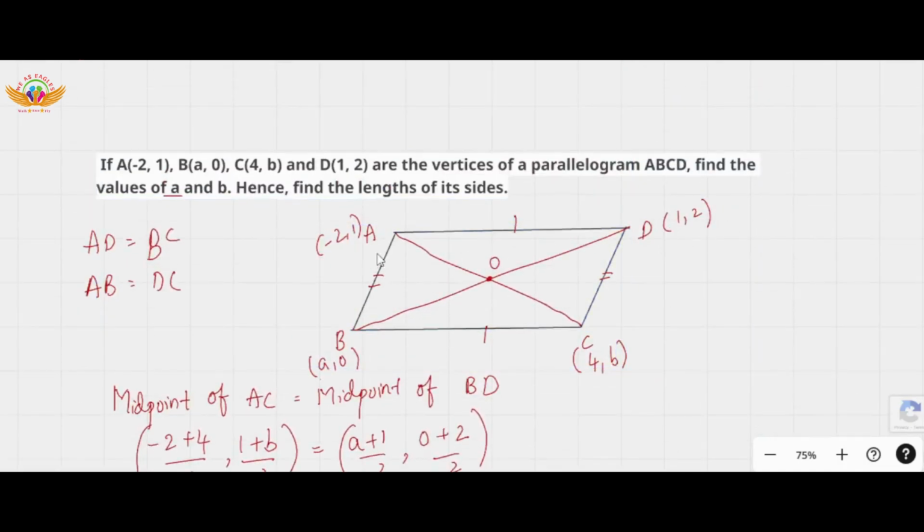See here, AB will be equal to CD. We just now found out that AB value is root 10. So now automatically CD will be root 10. And also we found out BC as root 10. So the opposite side of BC is AD, this will also be root 10. So each length of the parallelogram is root 10. So like this you can find out instead of doing all the four.